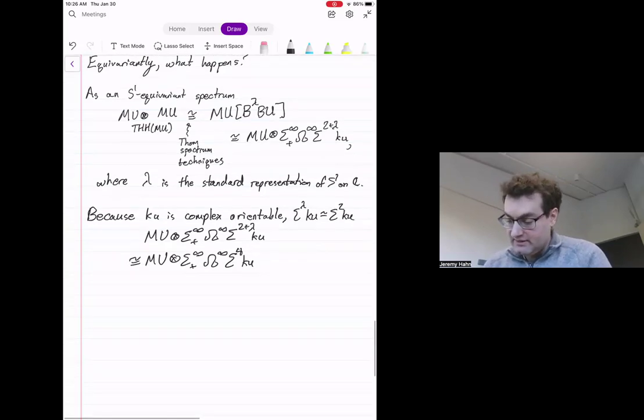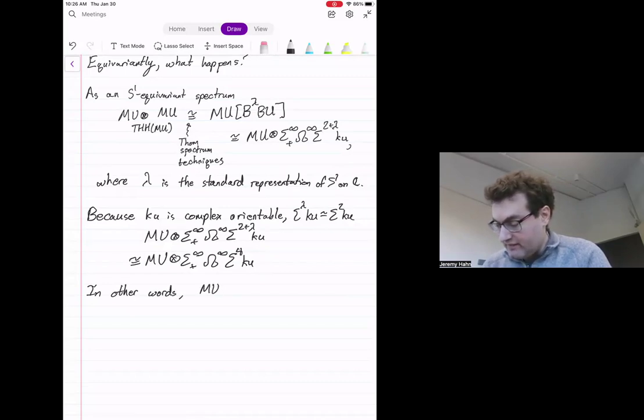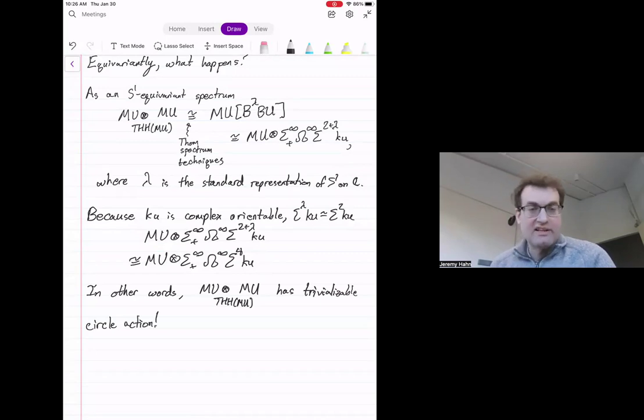So in other words, if I look at mu tensor over THH of mu, this has trivializable circle action. This is a point that was very much emphasized to me by Mike Hopkins.